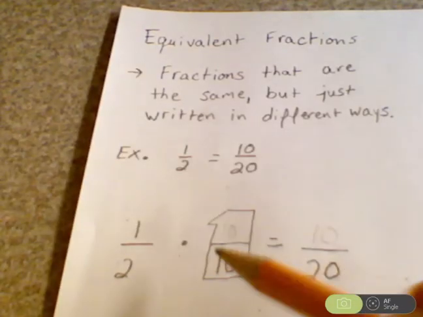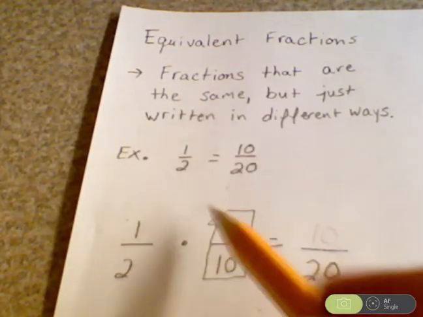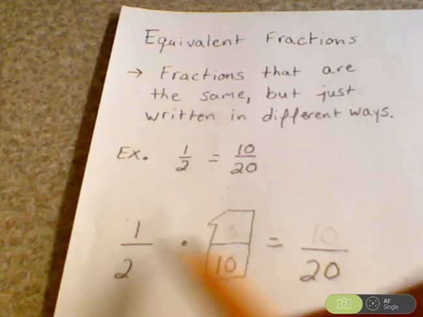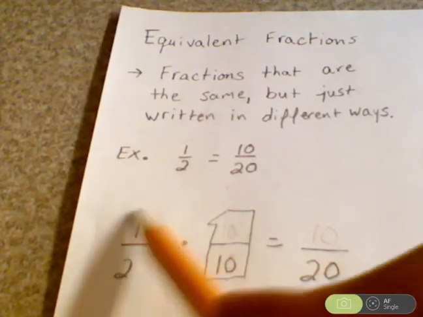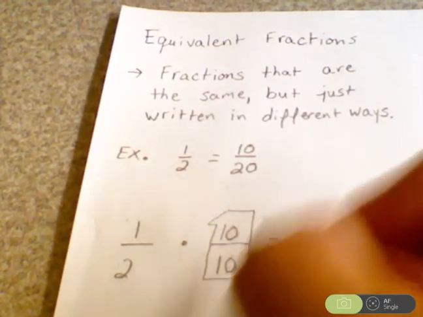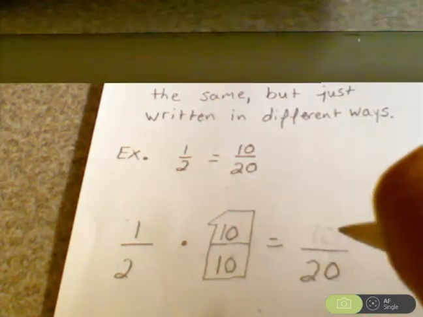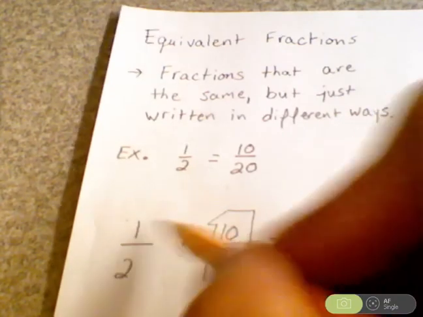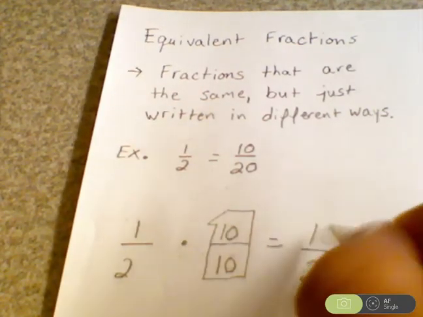Now, if we take 2 times 10 on the bottom, we have got to do the same thing on the top. In other words, take whatever number is in the top part of the fraction, times 10. Whatever we did on the bottom, we're going to do on the top. And now 1 times 10 is 10.